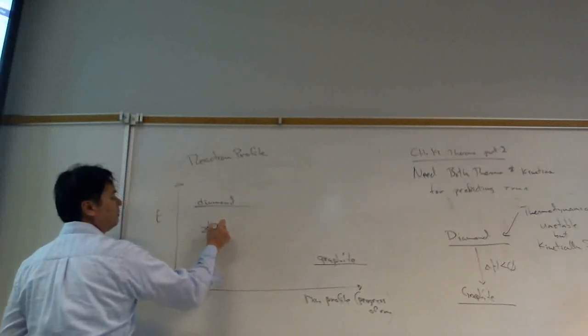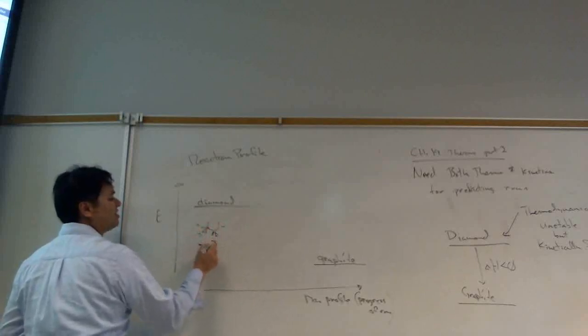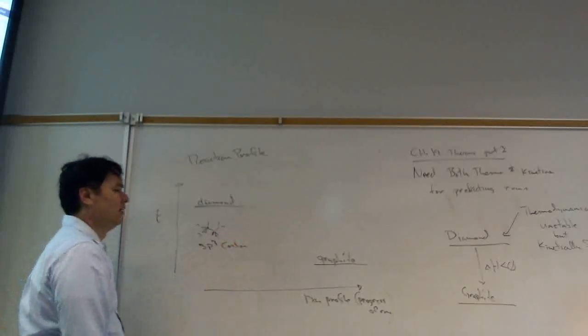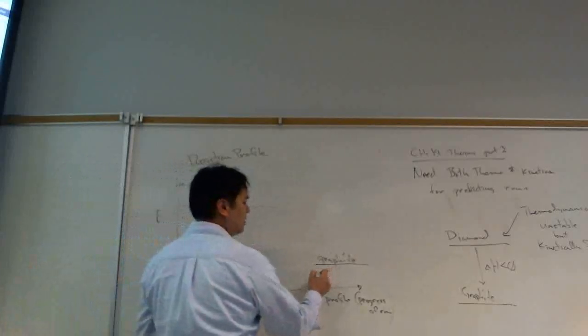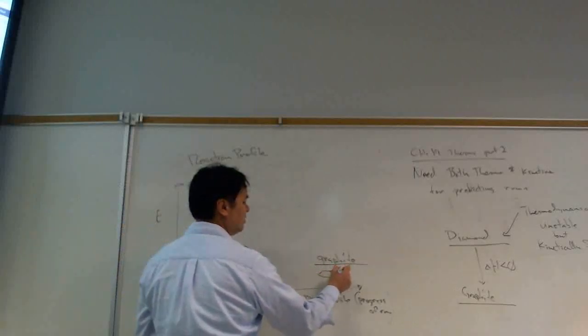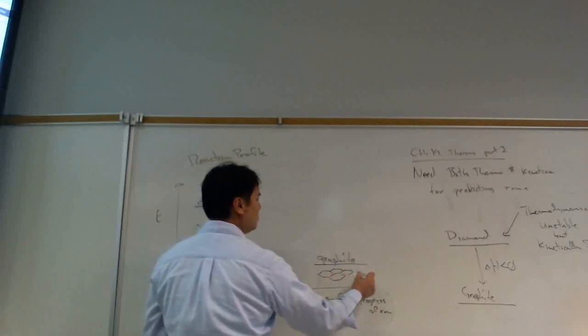It just goes on and on. And so diamond consists of sp3 carbon atoms. Graphite consists of these sheets. They look like benzene rings. They're all sp2 carbon.